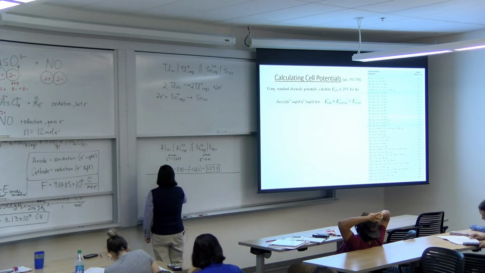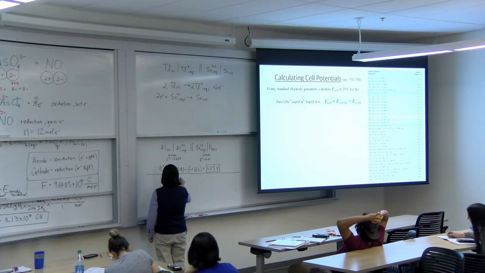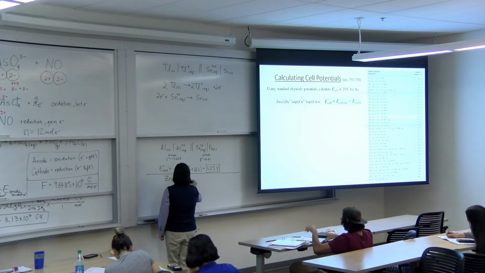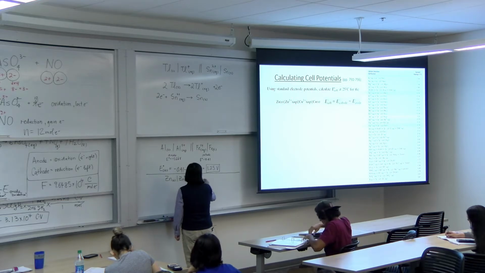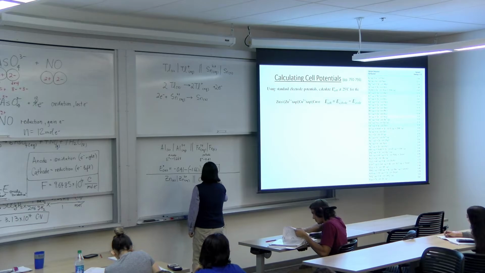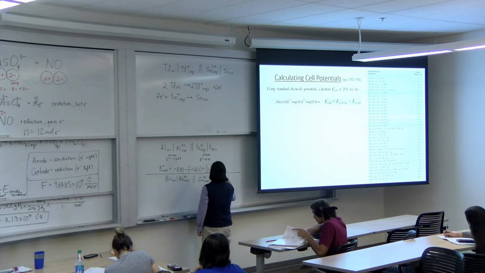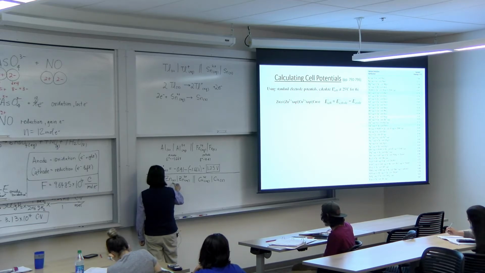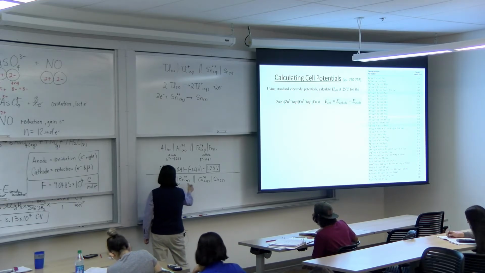You've got your zinc, solid, becoming zinc 2+. And you've got your copper 2+, becoming copper neutral. Okay? Again, this is your anode, and this is your cathode.